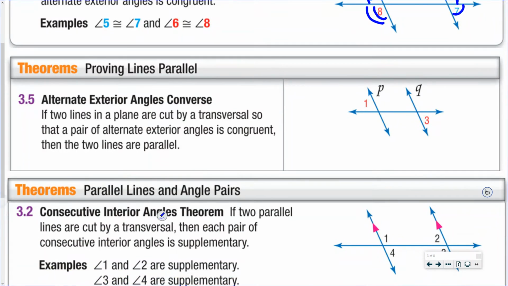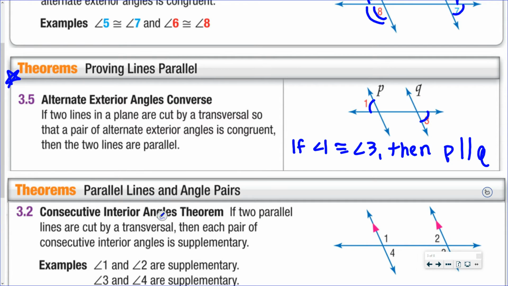So in the converse, here's the new one for us: if we know a pair of alternate exterior angles are congruent, such as in this picture, if angle 1 is congruent to angle 3, then we can conclude the two lines that are cut by the transversal are parallel to each other. Okay.